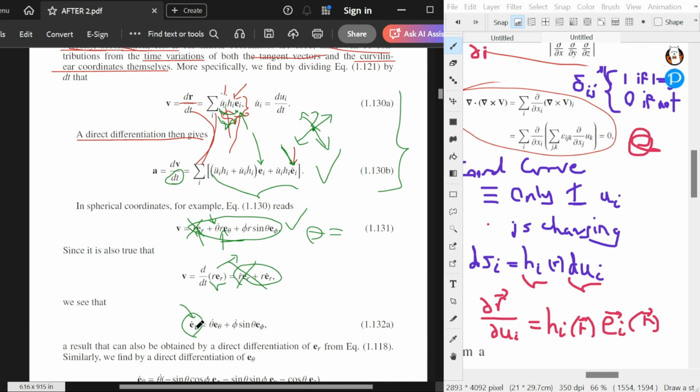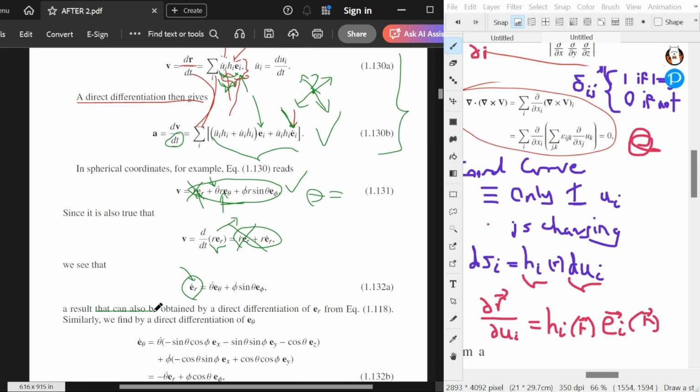So the change in e_r, del e del t, equals the change in theta with respect to time in the e_theta direction plus del phi del t sine theta in the e_phi direction. A result that can also be obtained by a direct differentiation of e_r from 1.118.